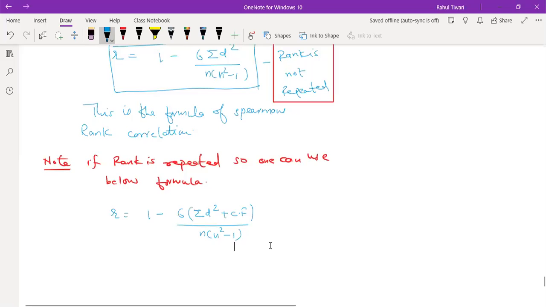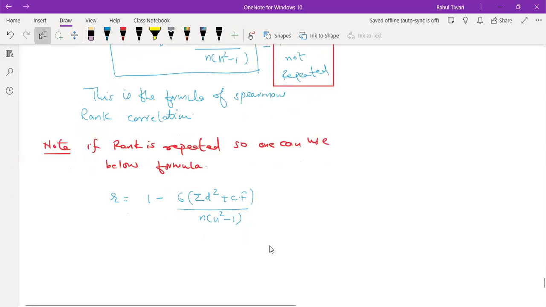And how do you calculate this CF? This CF is nothing but CF1, CF2, and so on, CFn. It may happen that a rank is repeated, like 1 is repeated 2 times, 3 is repeated 4 times, like that.